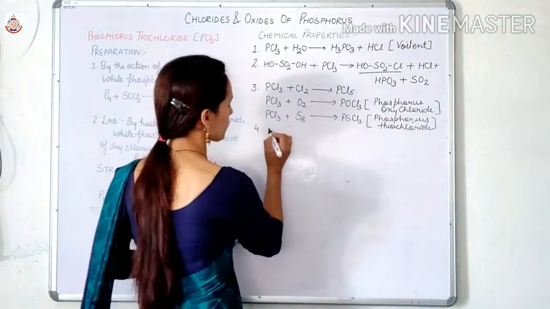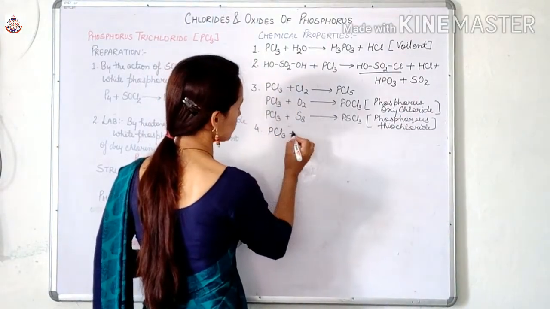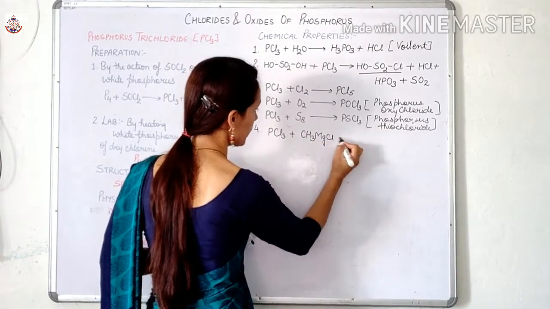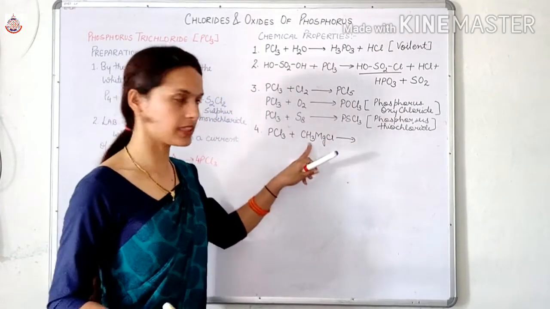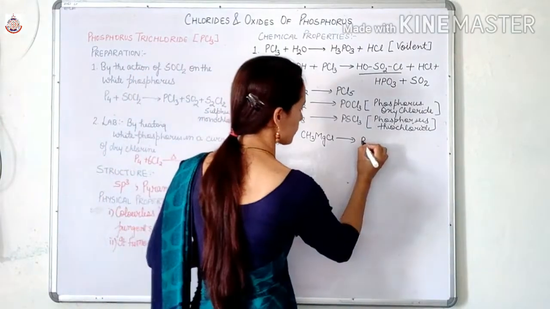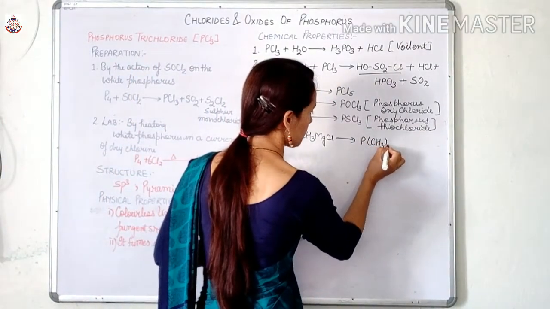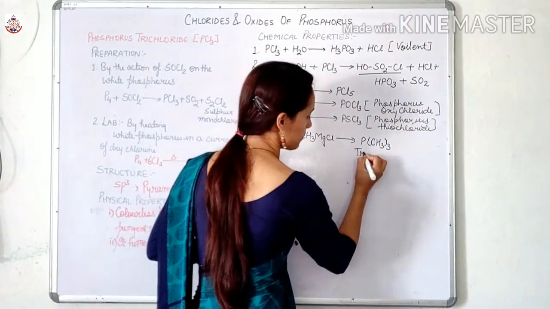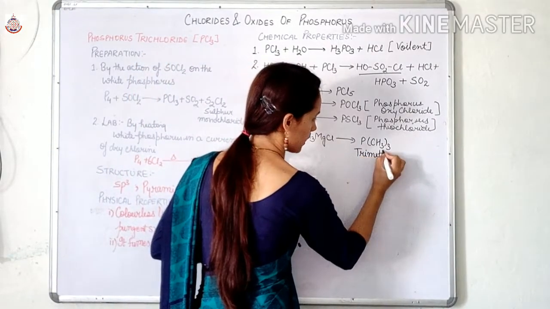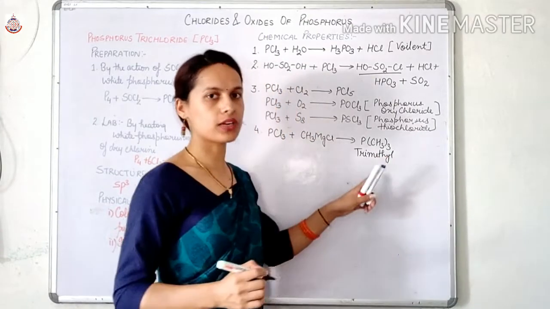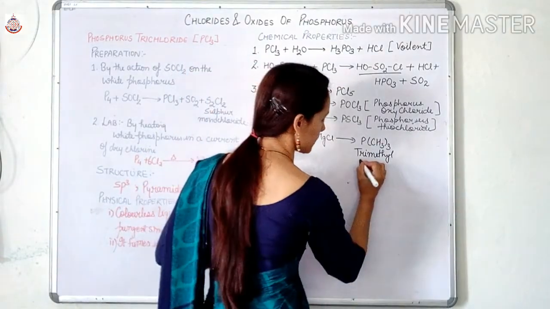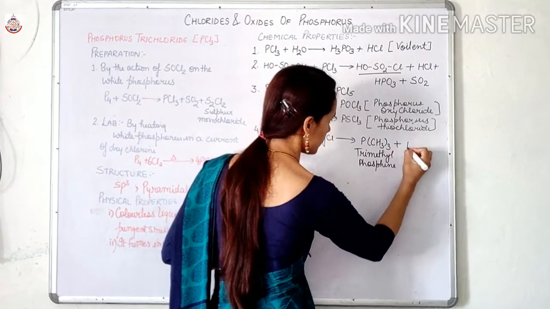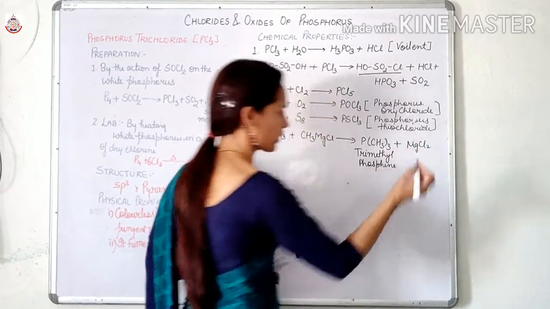For example, when PCl3 reacts with CH3MgCl, here the R group is CH3, so this reacts with phosphorus. Our product becomes P(CH3)3, that is trimethyl phosphine. It forms the substituted product of the phosphine, and along with trimethyl phosphine we get MgCl2.